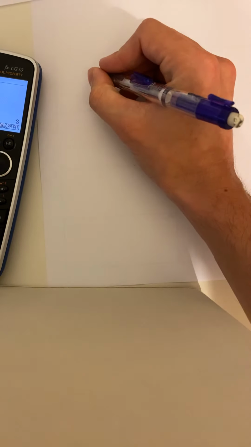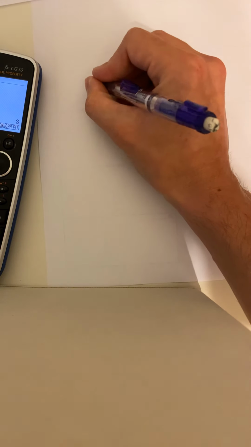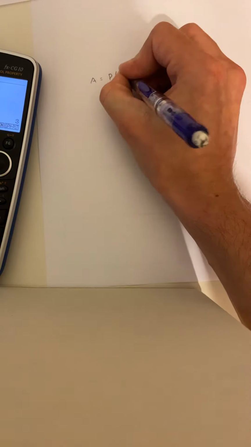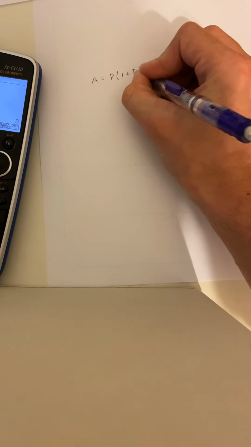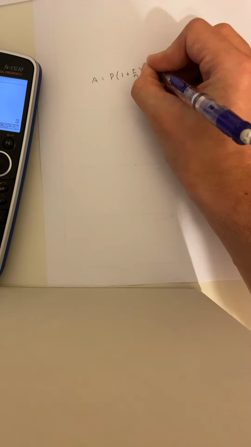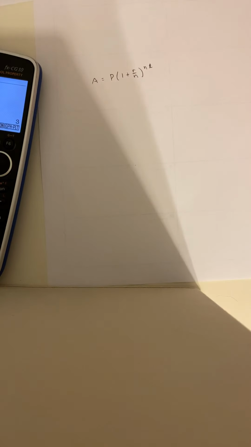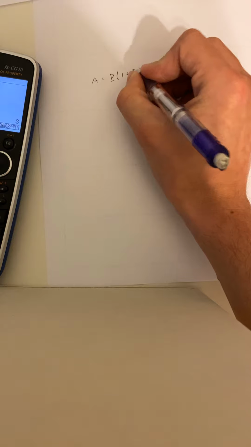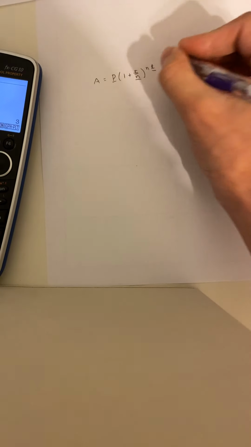So my formula is A equals P times (1 plus r over n) to the nt. I know that this is my initial value, this is my rate, this is how many times I compound my interest, which is given as quarterly, and here's my time.